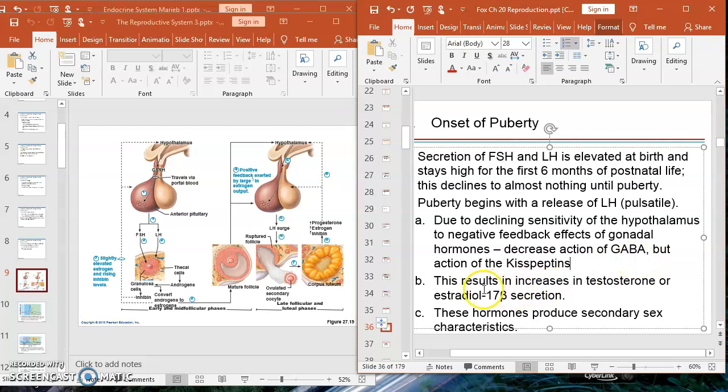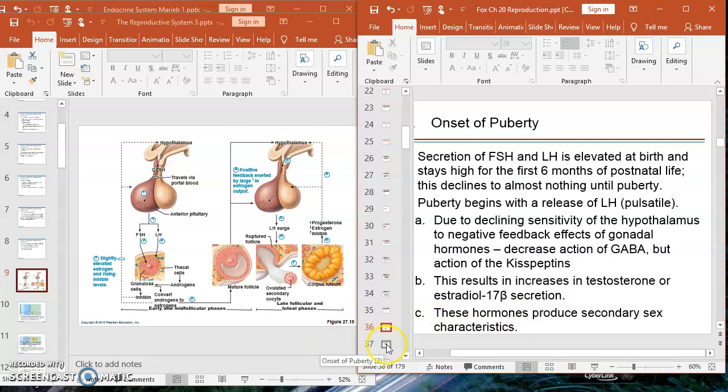Now what this does is, when puberty occurs, there is an increase in testosterone in the male and an increase in the strong estrogen, 17 beta estradiol, in the female, which seem to initiate the puberty. These hormones produce the secondary sex characteristics.